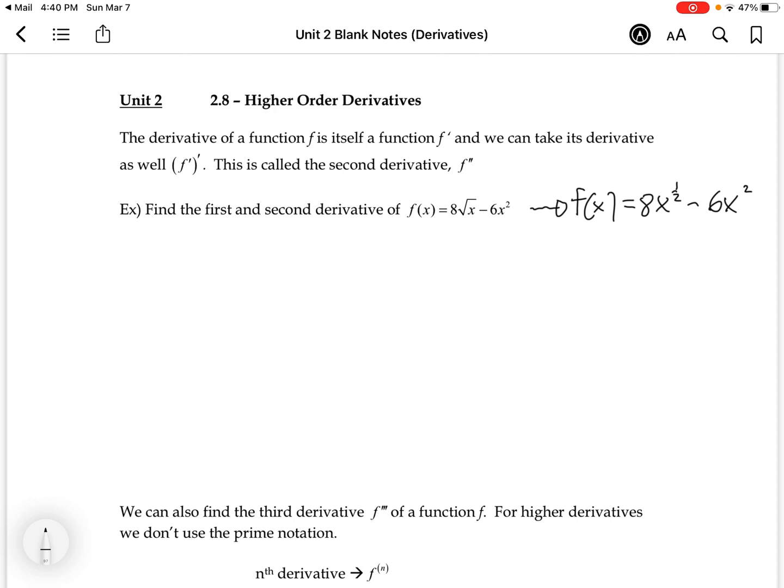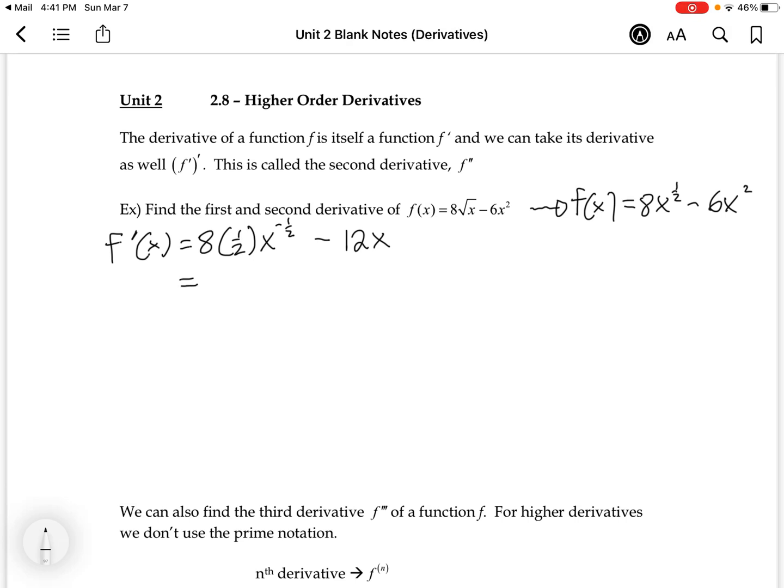That radical has been written as a fractional exponent, and then I can use my power rule to differentiate this. The first derivative, f prime of x, is 8 times 1/2 x, then I decrease that exponent by 1, so to the power negative 1/2, minus 6 times 2 is 12x.